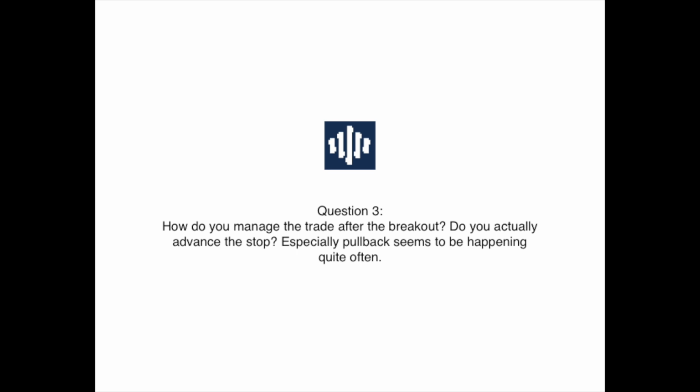How do you manage the trade after the breakout? Do you actually advance the stop, especially since pullbacks seem to be happening quite often? This is a trading tactic, and everybody should have their own trading tactics implemented depending on their risk profile. There are several things you can do. One of them is using a trailing stop loss.